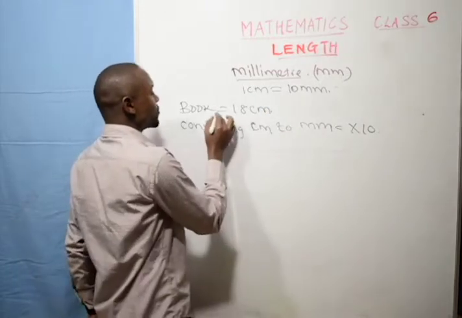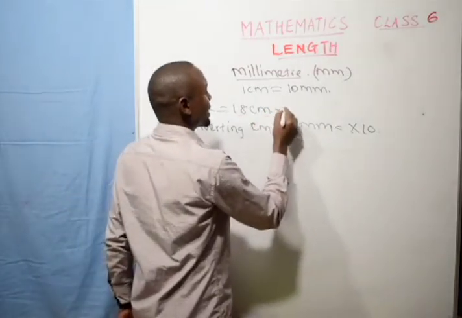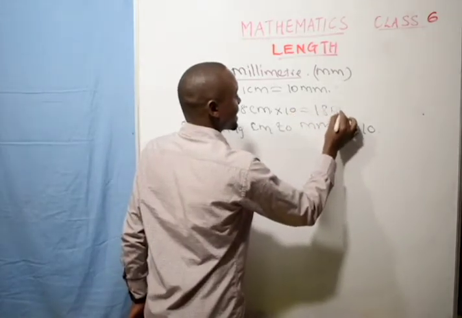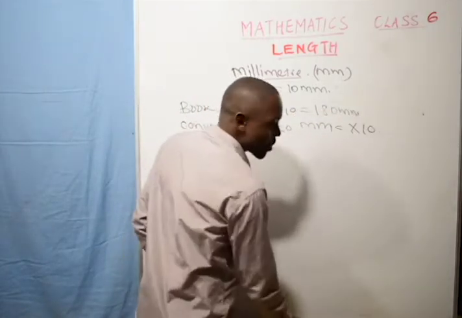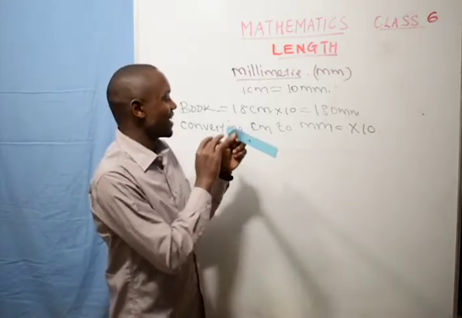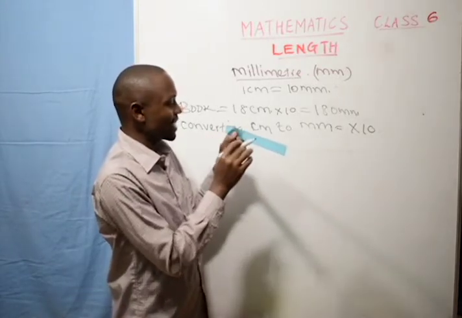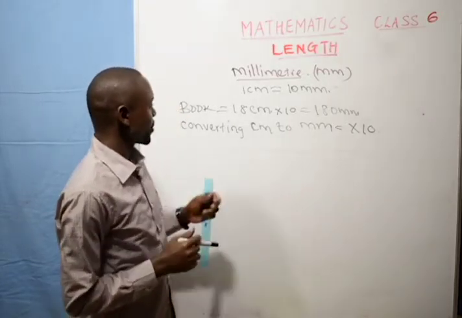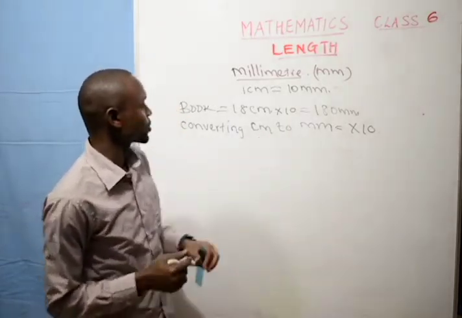So the width of this book in millimeters, just multiply by 10. This is 180 millimeters. You can even count how many portions are there from 0 to 18. There are 10, 20, and you'll get 180 millimeters. So that is how we convert centimeters to millimeters.